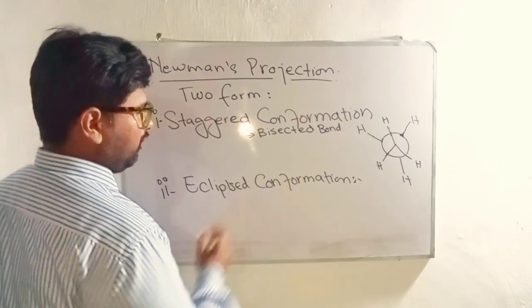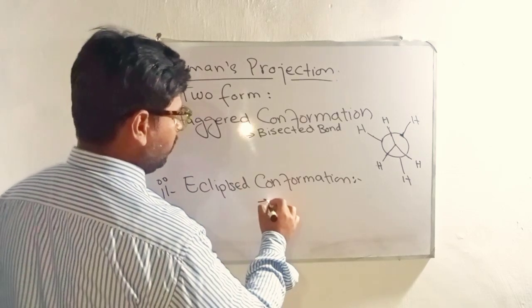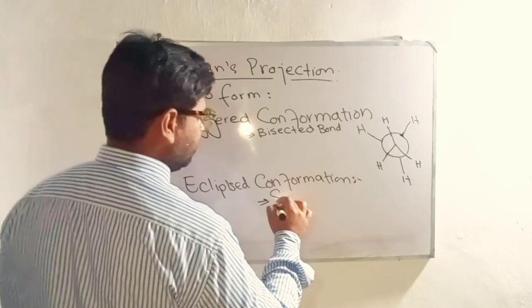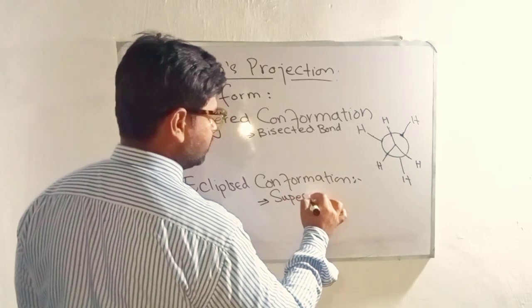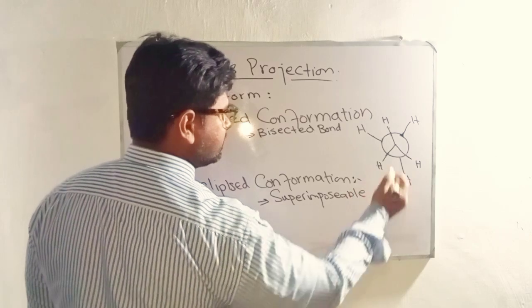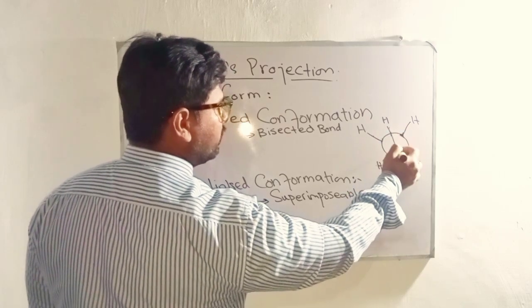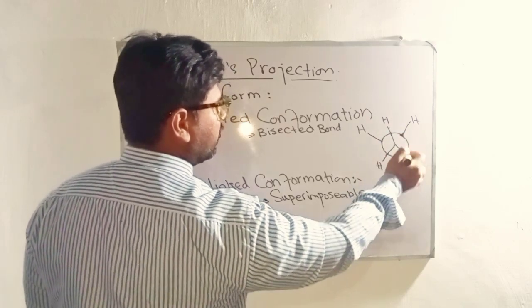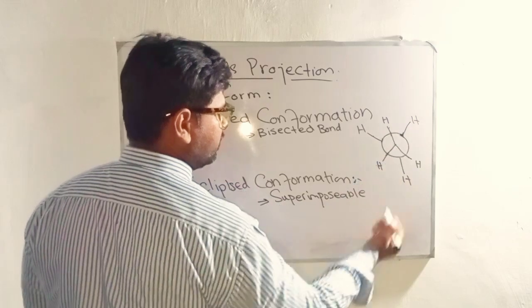But in the case of eclipsed, it actually represents the superimposable conformation, which means that these hydrogen bonds are not bisected to each other, rather they are parallel to each other.